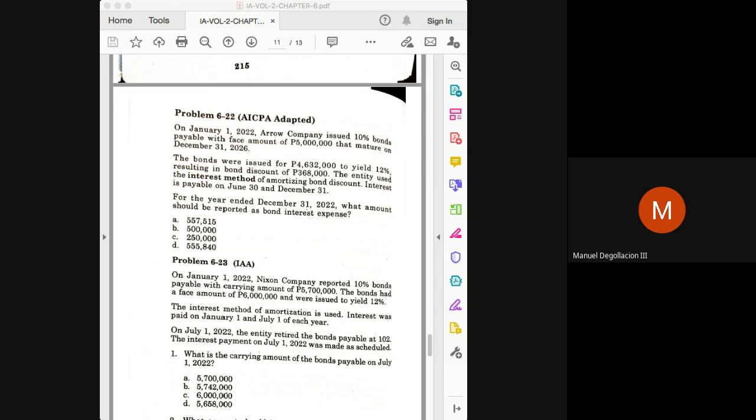Okay, and since we're already here, class, might as well solve for the carrying amount of the bond as of December 31, 2022. We already have the interest expense for the second half of the year. We just need to compare this with the fixed interest payment every semi-annual period, which is 250,000.